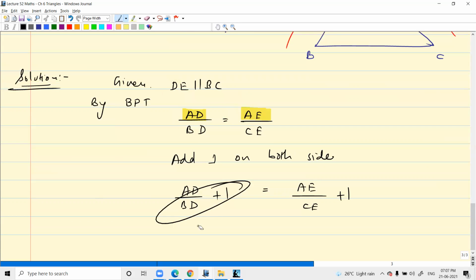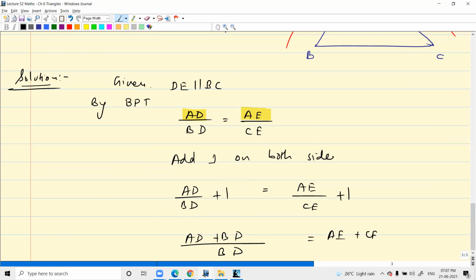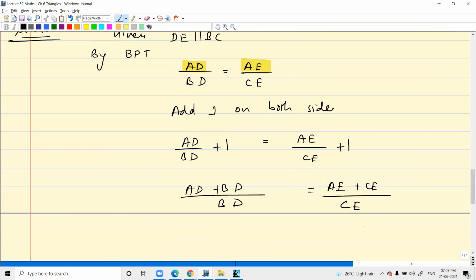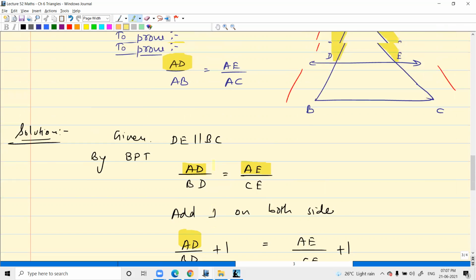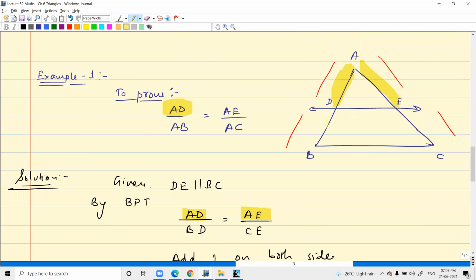And then you will do the same calculation, AD plus BD by BD, same way AE plus CE by CE. If you had added one right away without doing any modifications, see, I have the parts BD and CE, but AD has got converted to AB, since AD plus BD is nothing but AB.